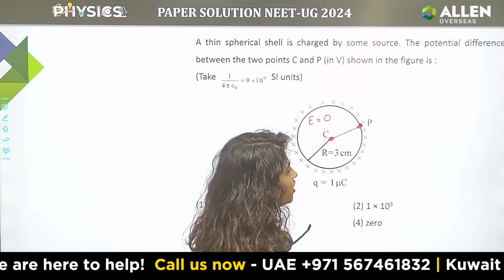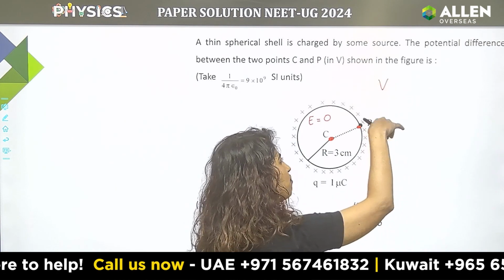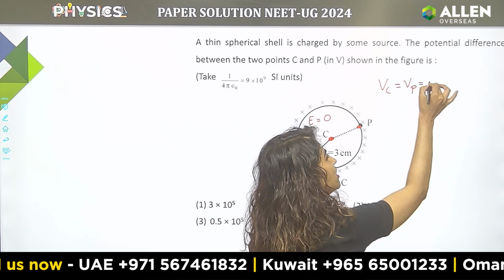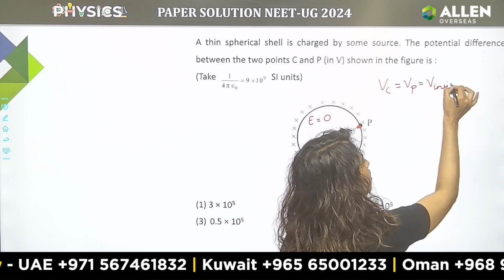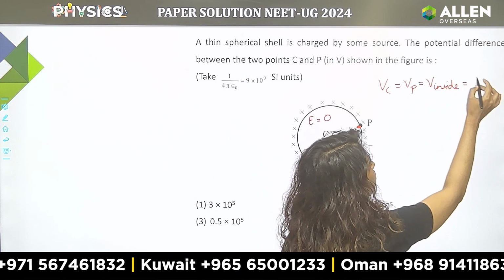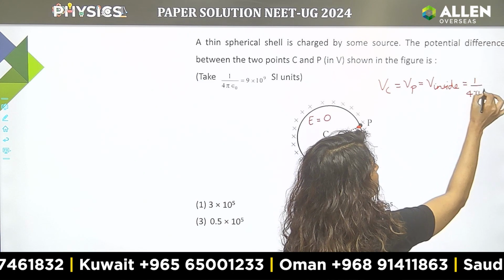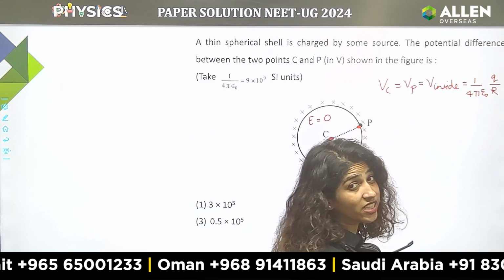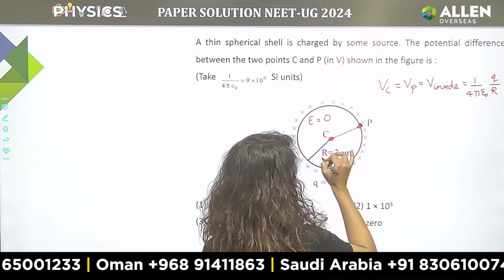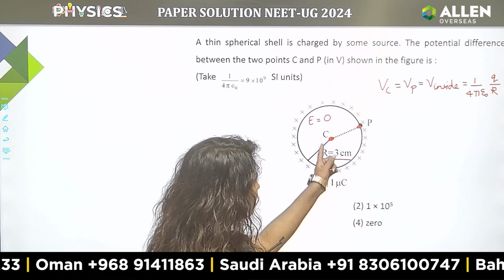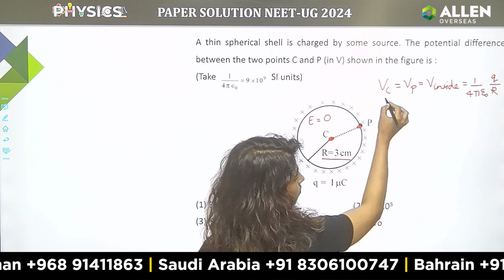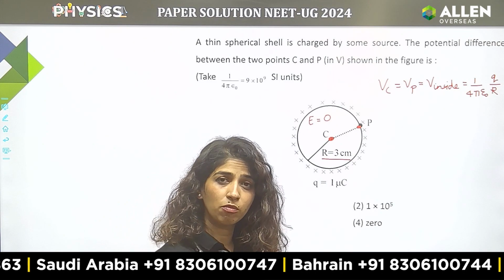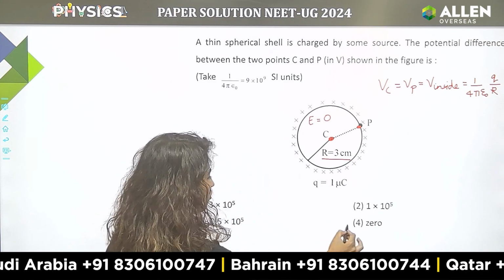If the field is 0, potential at point C or at point P or any point inside is going to be 1 upon 4 pi epsilon naught Q by R, where R is the radius. So potential at both the points will be same. They are asking us to find the potential difference. If potential at both the points is same, what would be potential difference? 0.